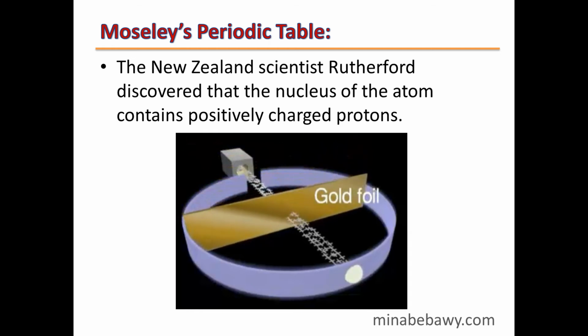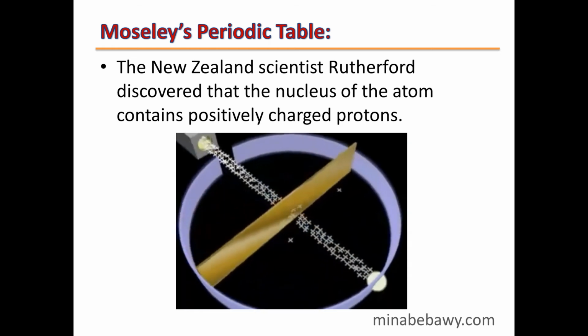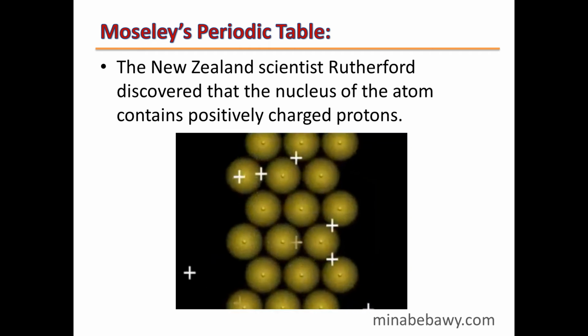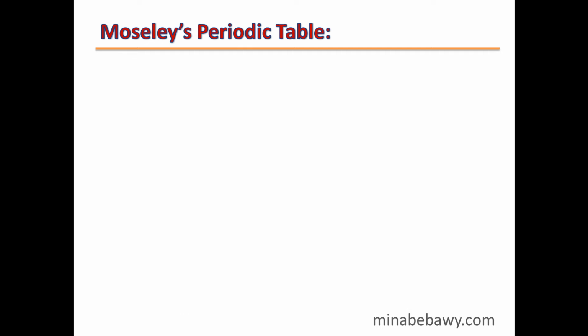After doing the experiment that we see right now, Rutherford discovered that there is a central core inside the atom. This central core is positively charged, so it contains positively charged particles which were called protons.